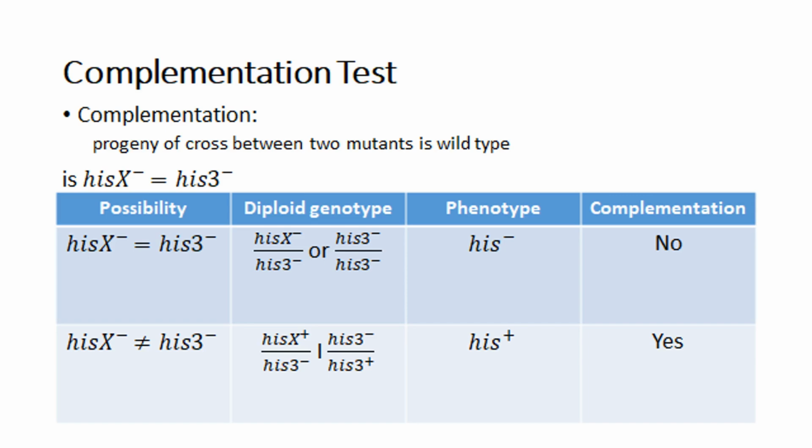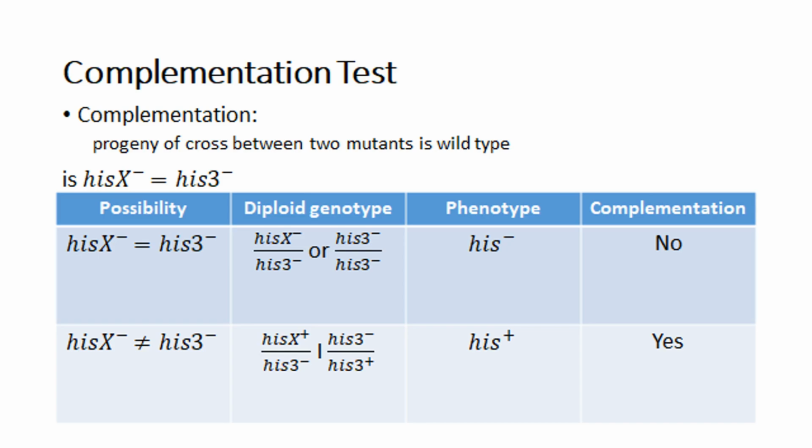If we cross histidine X with histidine 3, which has gene number 3 lost, and the phenotype is loss of histidine function, that means there is no complementation. That means histidine X is equal to histidine 3.